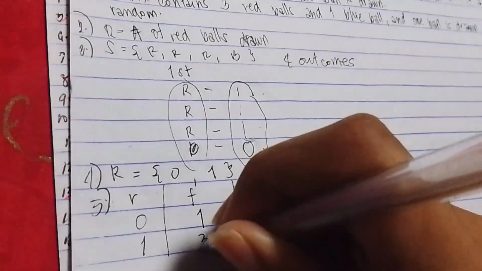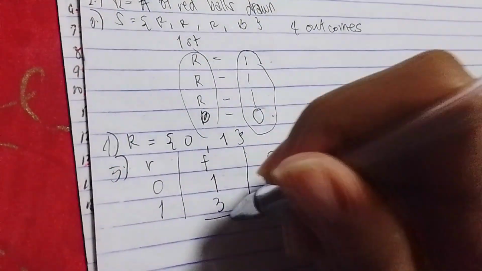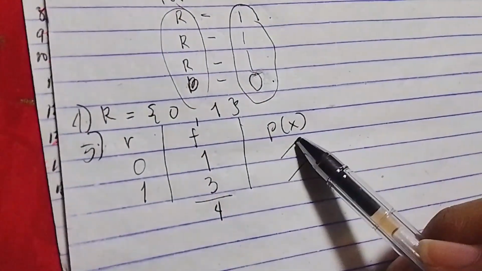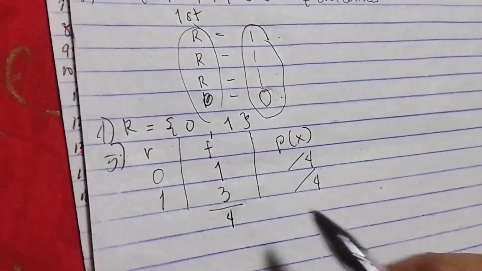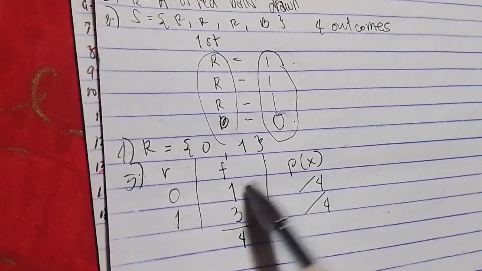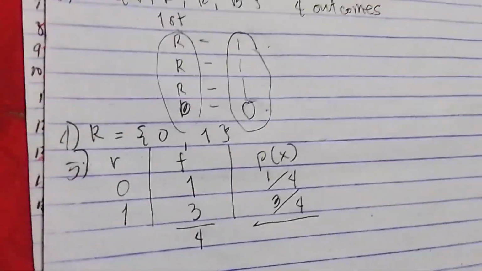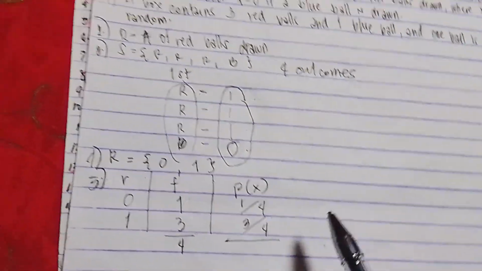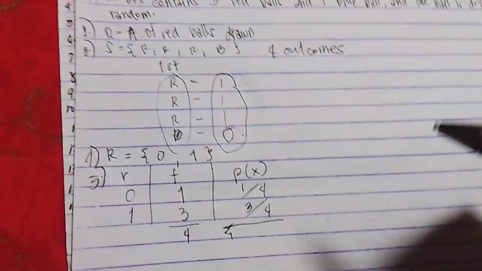So we'll put 3. And we'll add them all. 1 plus 3 is equal to 4. So which means we will put 4 as our denominator for p of x. And we'll just copy the frequency 1 and 3. In order for us to get the summation of p of x equal to 1, we'll have to add all, because summation means adding all.